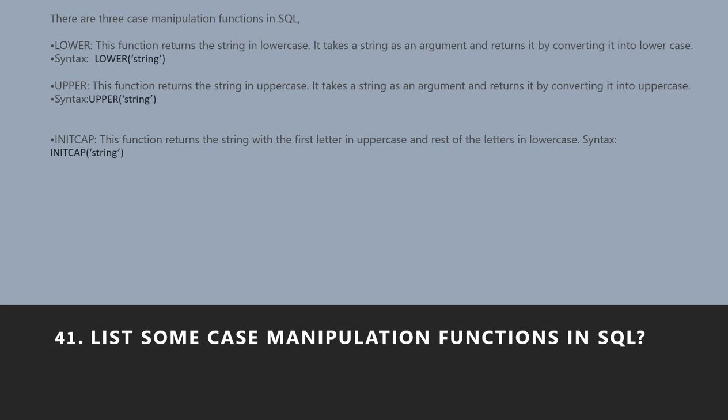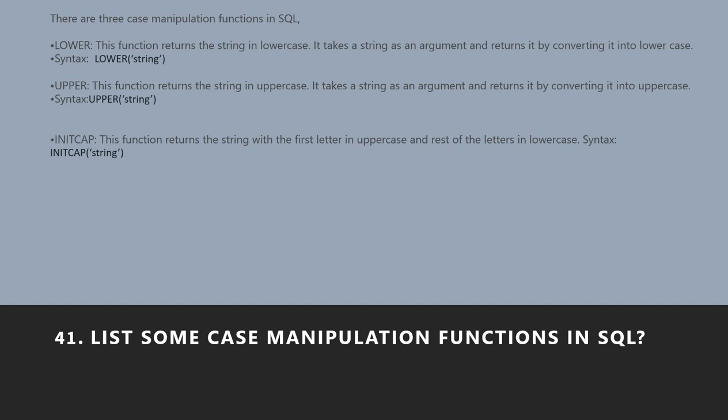List some case manipulation functions in SQL. There are 3 case manipulation functions in SQL. They are lower: this function returns the strings in lower case, and the syntax is just lower, in the brackets you give the string name which needs to be in lower case.